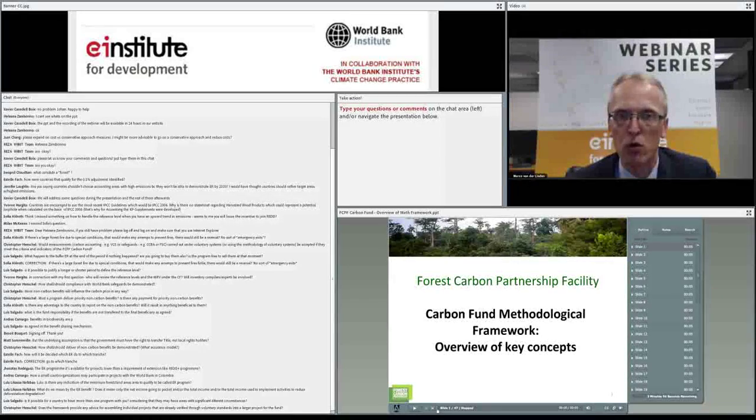There's a question that just came in from Christopher Henschel that relates to that. Does the framework provide any advice for assembling individual projects that are already verified through voluntary standards into a larger project for the fund? I'll take that as a segue to go back to carbon accounting. The methodological framework recognizes that there might be a situation like that.